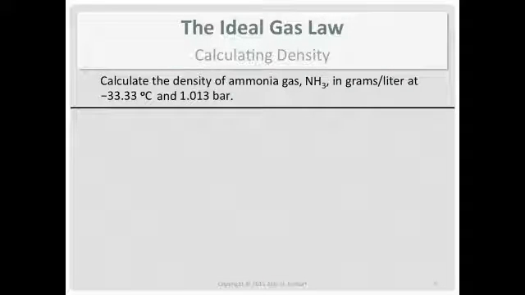Let's calculate the density of a gas, ammonia. Well, before we learned that density was mass over volume. And you look at the information, you're given neither the mass nor the volume.